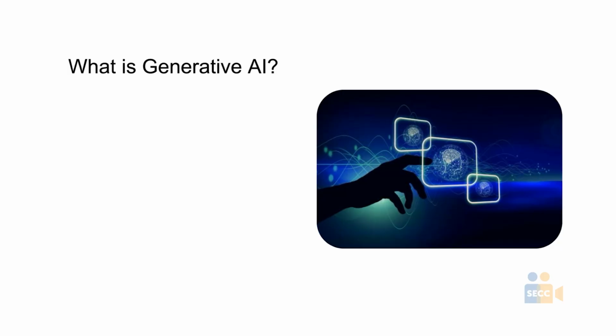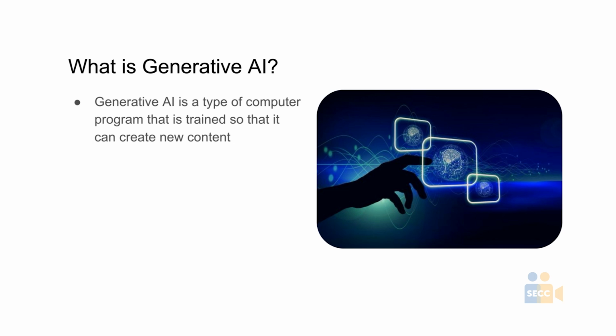So essentially, AI, artificial intelligence, generative AI is just a computer program. It just has special training, okay? And that training allows it to create new content that didn't exist before. Before generative AI, everything that computer programs did were basically things that it was trained to only produce this thing.